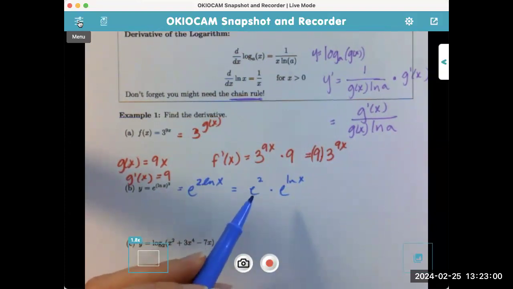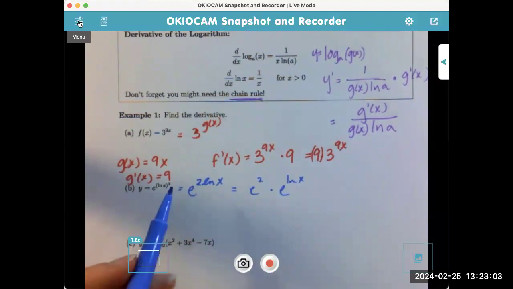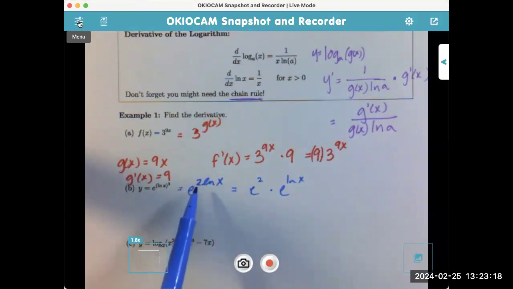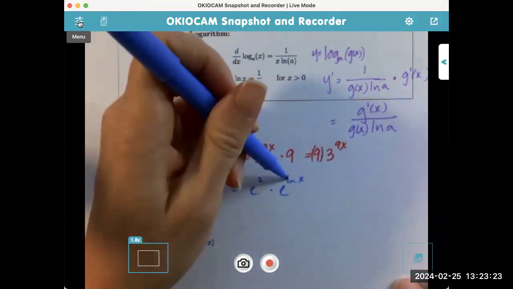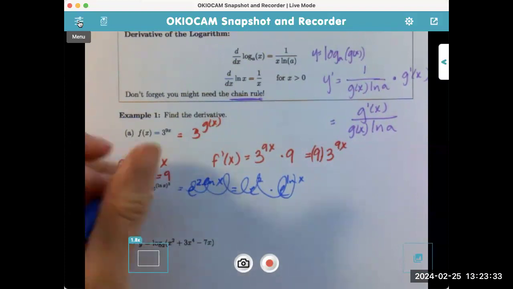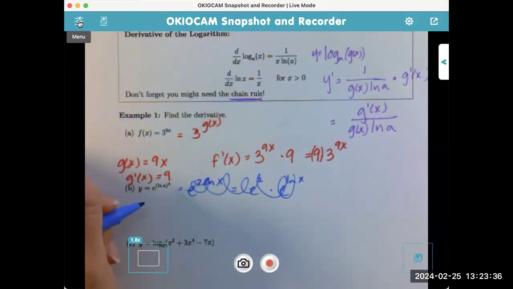So 2 can come down in front. Natural log of x squared. Okay, we'll just go the other way around. So e times the natural log of x. Well, what is that?